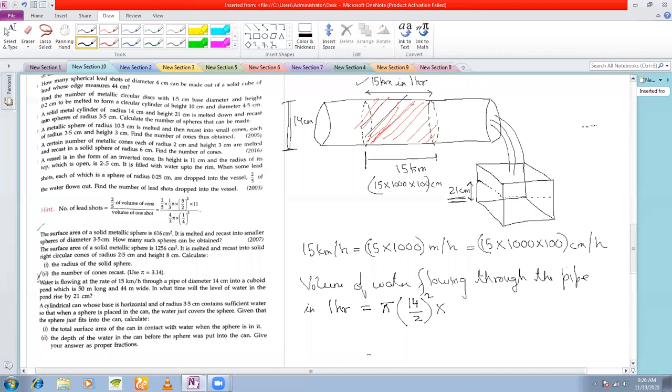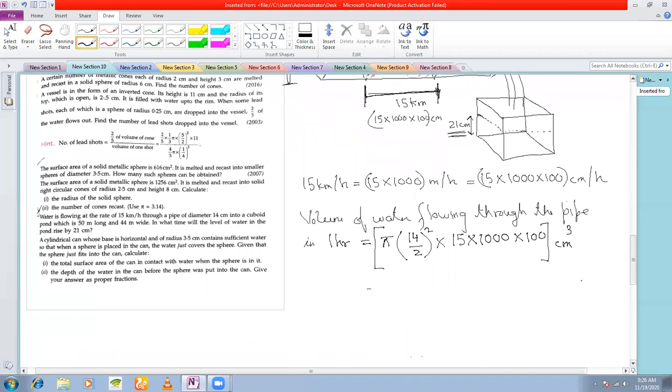And what is the height of this? The 15 kilometers is the height, and we converted 15 kilometers into centimeters. So let us write it in centimeters, because we are converting all units to centimeters. This is the volume of water flowing in 1 hour, in centimeter cube. If we simplify this a little, you get pi into 7 square, so it becomes 7 into 7 into 15.